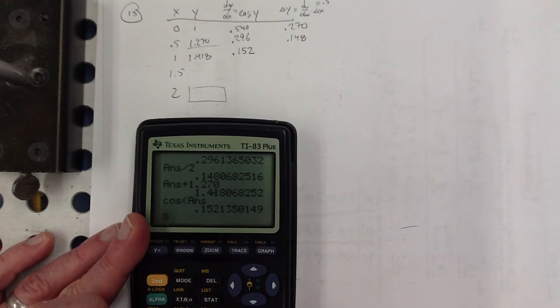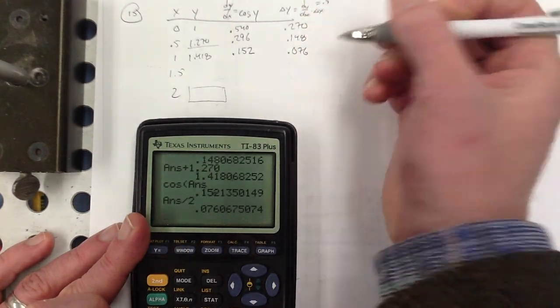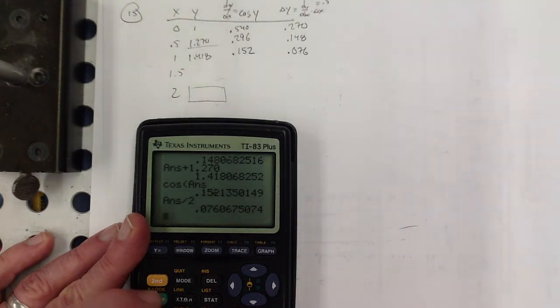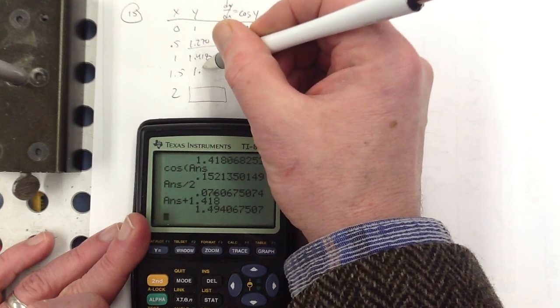And then half of that is 0.076. You know, I feel like I'm giving Euler's method a bad rap here and sending out some negative vibes about it. And I actually think Euler's method is super cool. I just think that it's better done by a machine than a human.